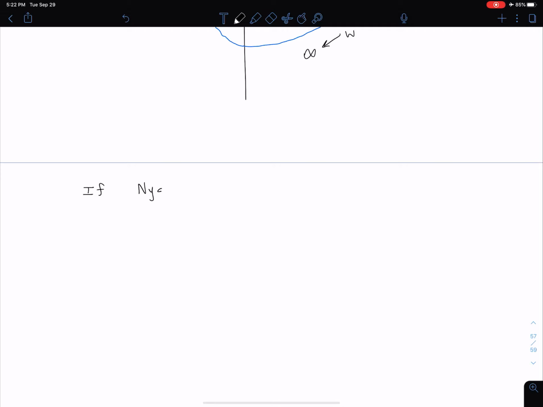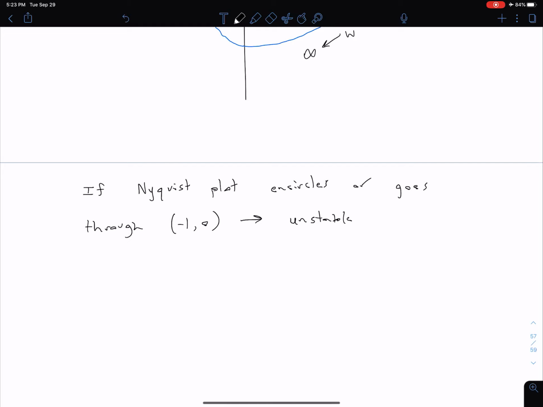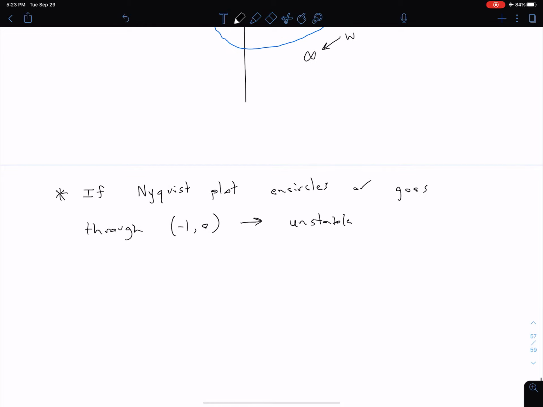Our criterion is that if our Nyquist plot encircles or even touches or goes through our point negative 1, 0, then our system is going to be unstable. So this is the key thing to using our Nyquist criterion.